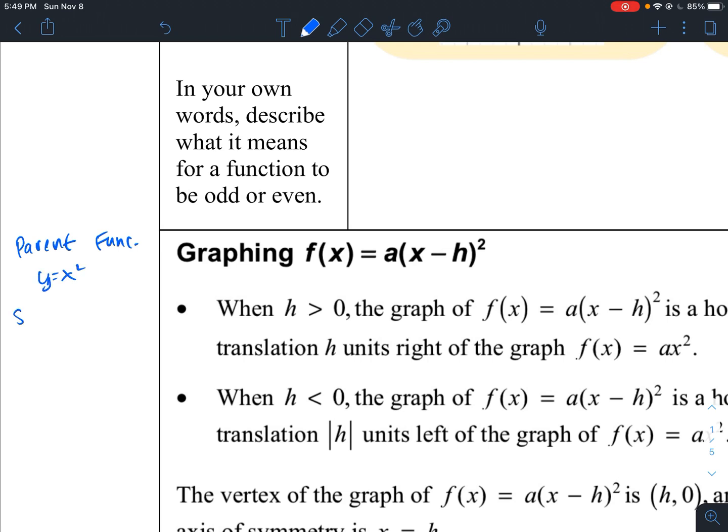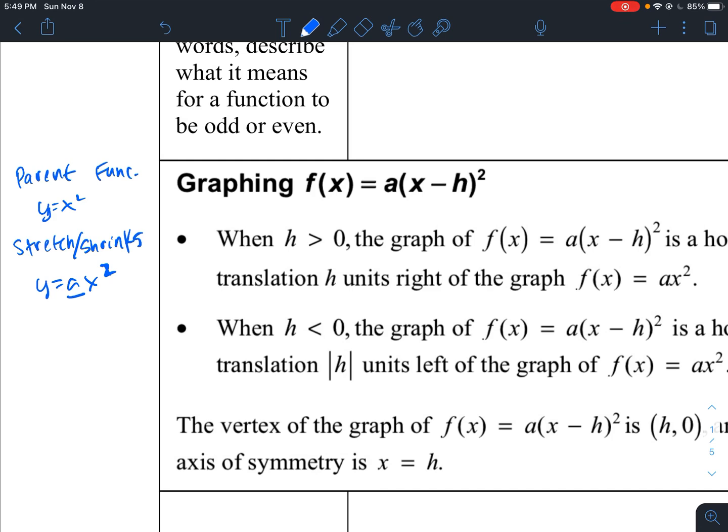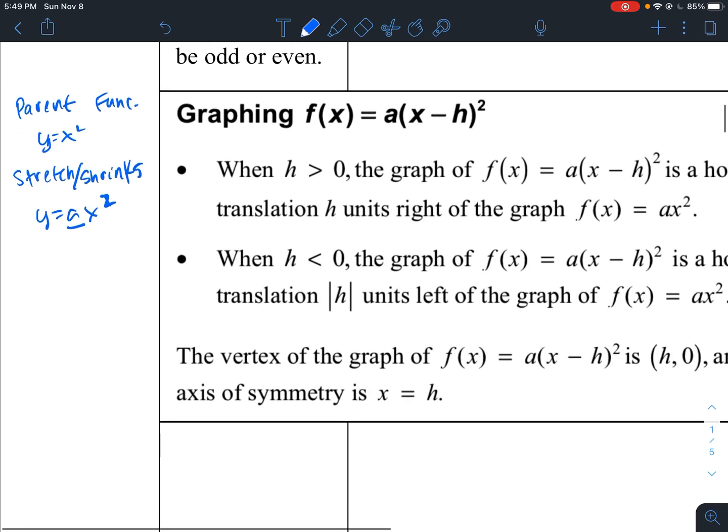And then we had stretches and shrinks, which was y is equal to ax squared. So the value of a either stretched or shrank it, depending on if the a was greater or less than 1. And then there was shifts.